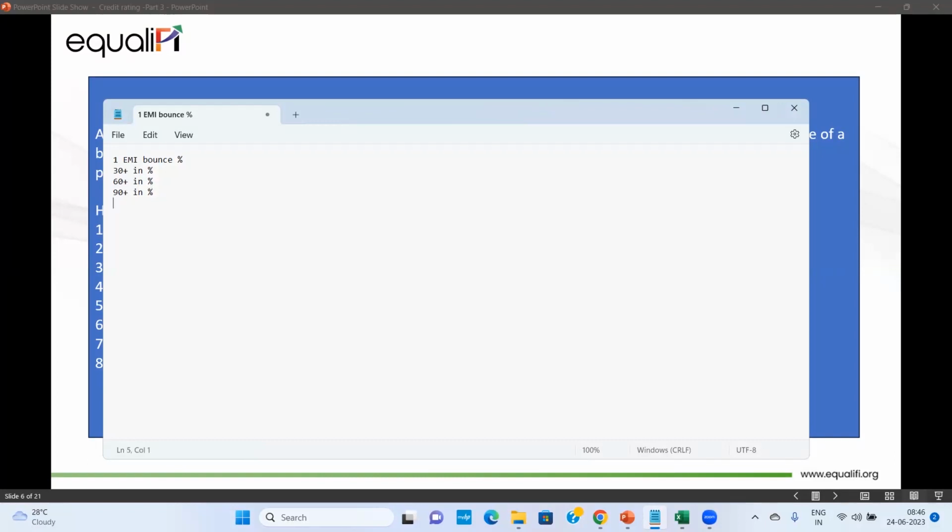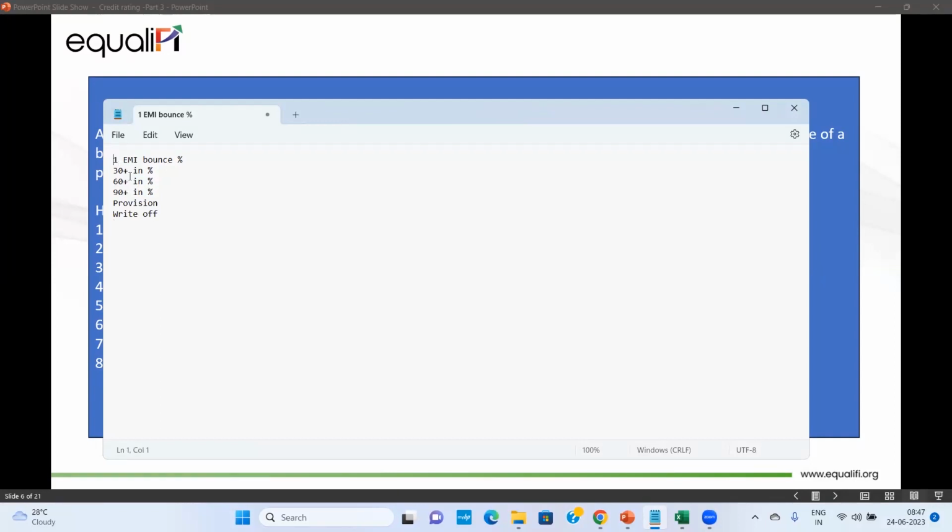These are a few things. Okay, then obviously how much provisioning I have created and how much write-off, right? These are all the trends of delinquency.